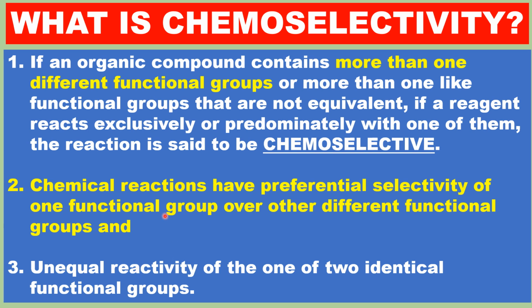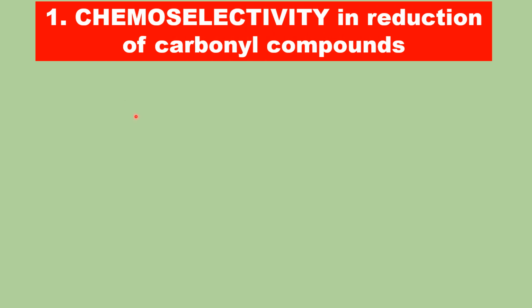Then also it is termed as chemoselective reactions. In this we will see two examples. Let us see the first chemoselectivity reaction in the case of reduction of carbonyl compounds.